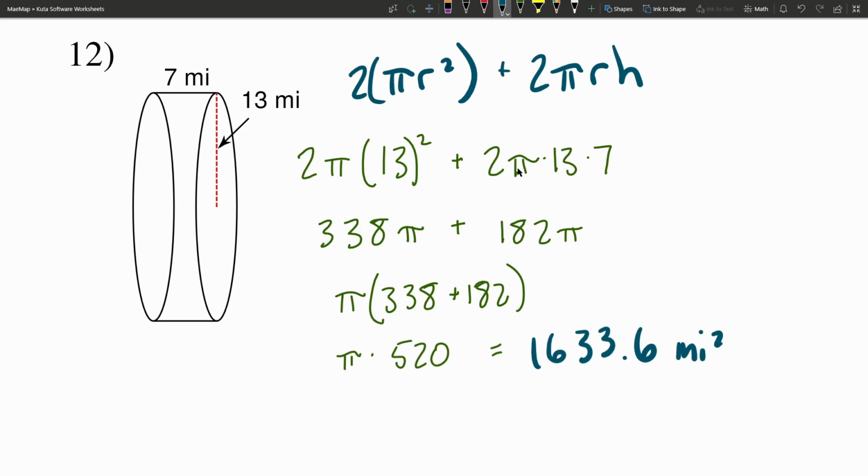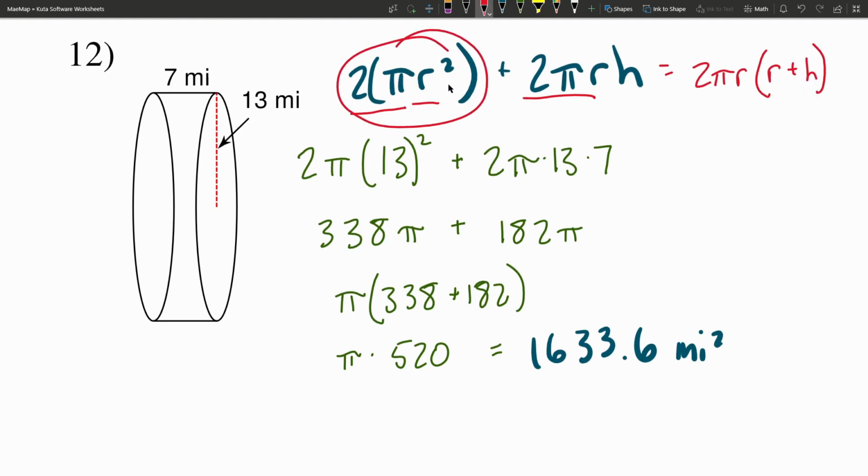Now at the start of this formula, if you notice, we actually have a 2 pi r in each term. So we could simplify this formula down to 2 pi r times r plus h. Because if we pulled 2 pi r out of the first term, we only have 1 r remaining. And then if we pulled 2 pi r out of the second term, we only have h remaining. So just as we can pull that pi out here, we could have also pulled out a couple things in the beginning.